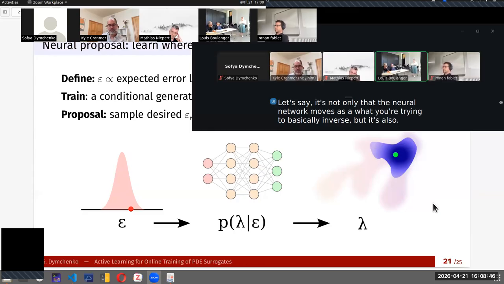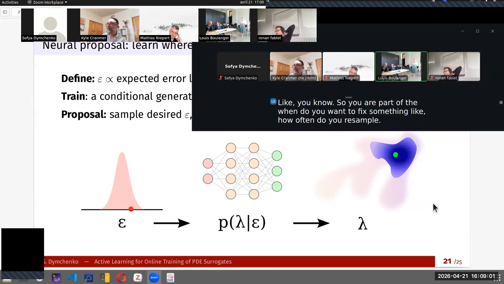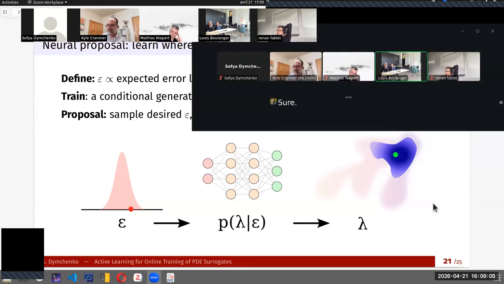So it's just so complex. Because of this online setting, you don't have something really fixed, and you also have to decide when you want to fix something, or how often you resample. There are just so many little knobs to change. Yeah, I think there is something interesting to look at, but it's definitely a very hard task because of this non-stationary target.